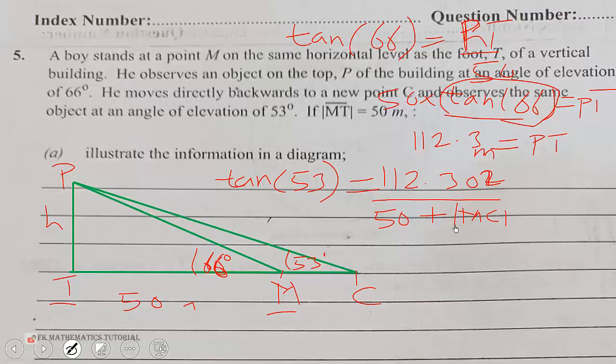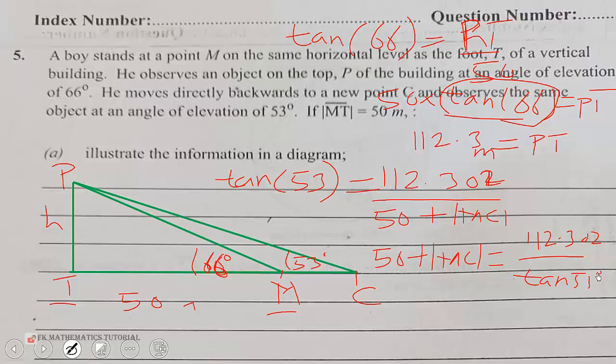So we have 50 plus the magnitude of MC will be equal to 112.302 over tan 53.